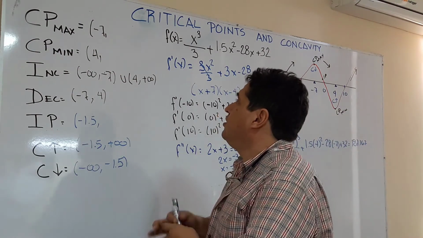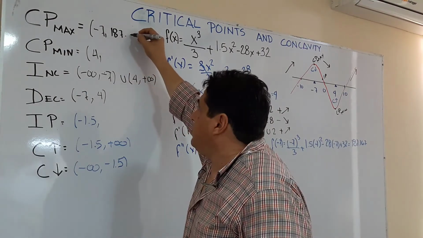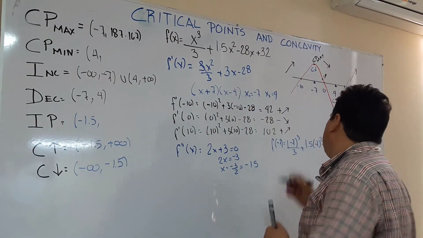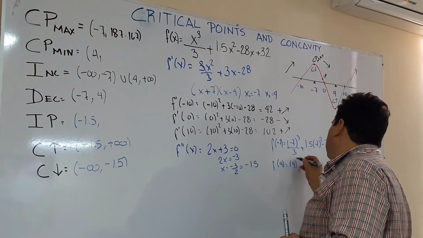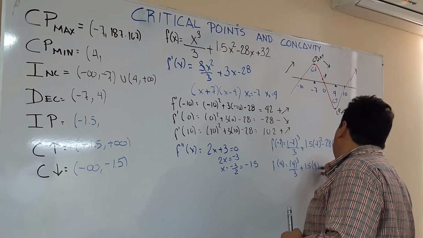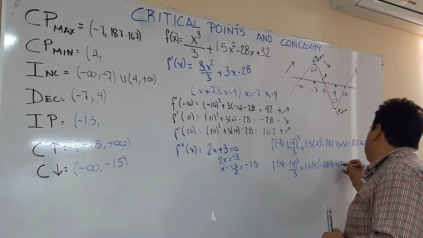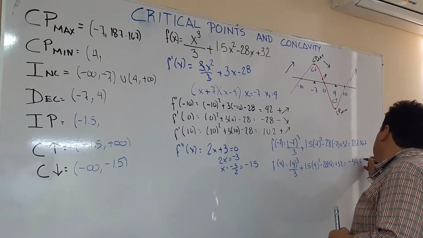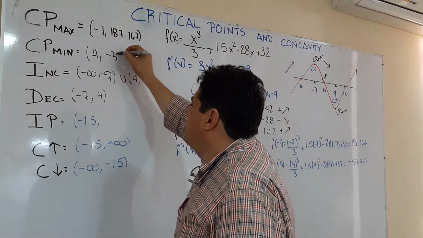So that's going to be 187.167. Then I'm going to plug in f of 4, which is going to be 4 cubed over 3 plus 1.5 times 4 squared minus 28 times 4 plus 32, which comes out to be minus 34.667.